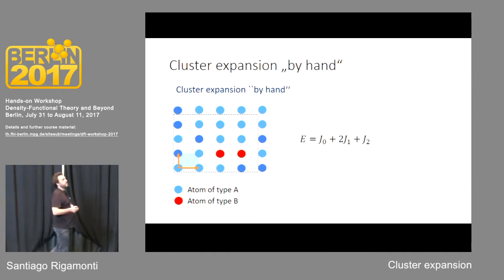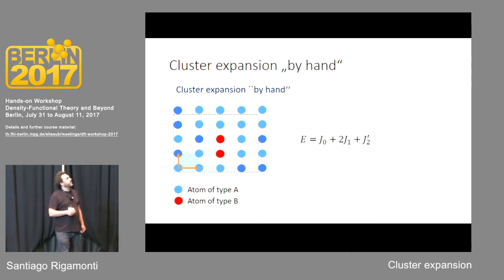As you can imagine, these additional contributions will be smaller and smaller as long as we are increasing the size of these arrangements of substitutions. So now we go to another one. You see this distance is a bit larger than this one. So one can imagine that the interaction associated to putting 2 atoms here is not the same as putting in this direction.